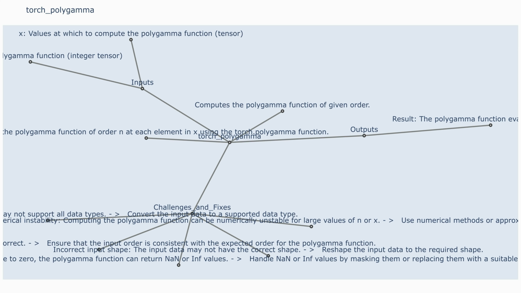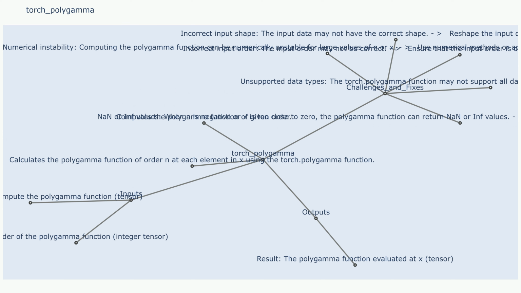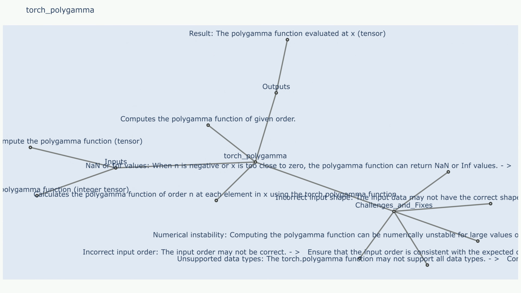torch.polygamma. Description. The torch.polygamma function calculates the polygamma function, which is the derivative of the digamma function. The digamma function is the logarithmic derivative of the gamma function. In essence, polygamma(n, x) calculates the nth derivative of the digamma function evaluated at x.